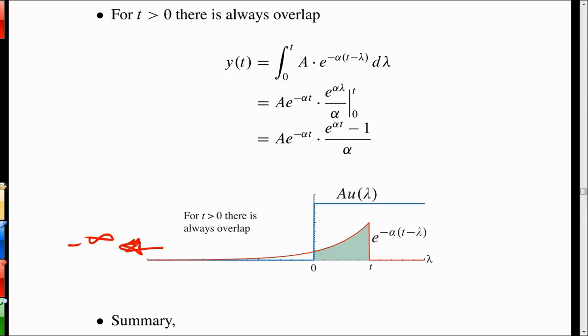No matter what t is, as that pulse slides across, there's always a tail hanging out on the negative lambda axis. But that's okay. It just makes it clear that your limits are set from 0 to t, and then you integrate that out and you get the waveform that's shown right here.